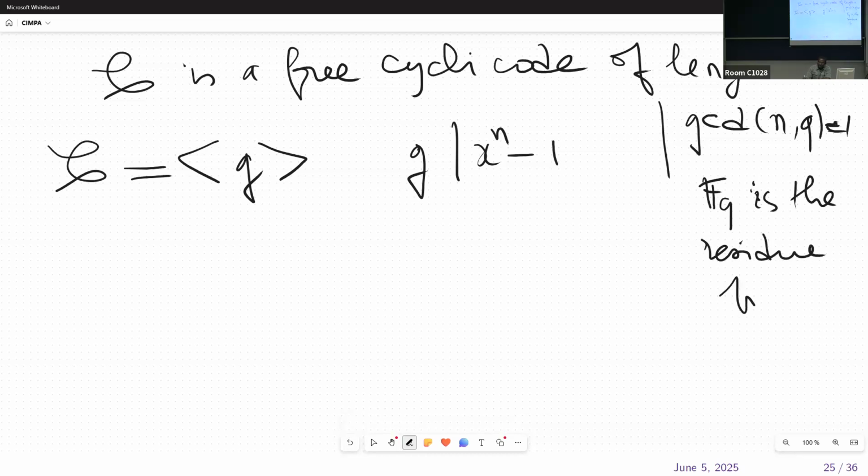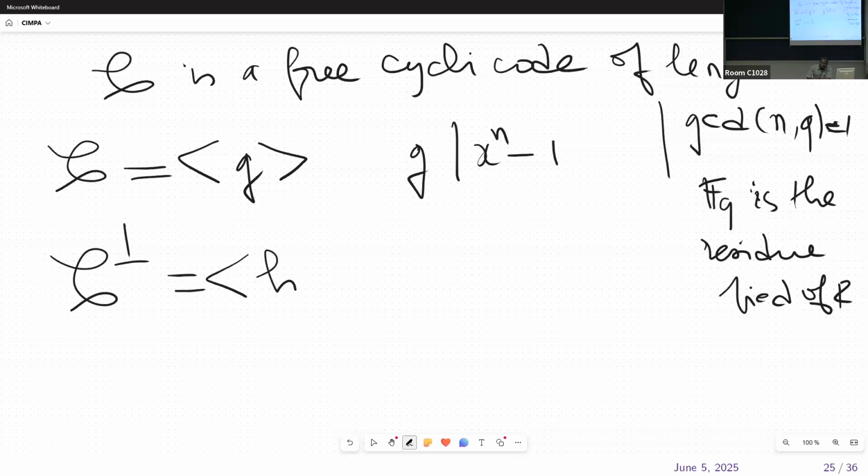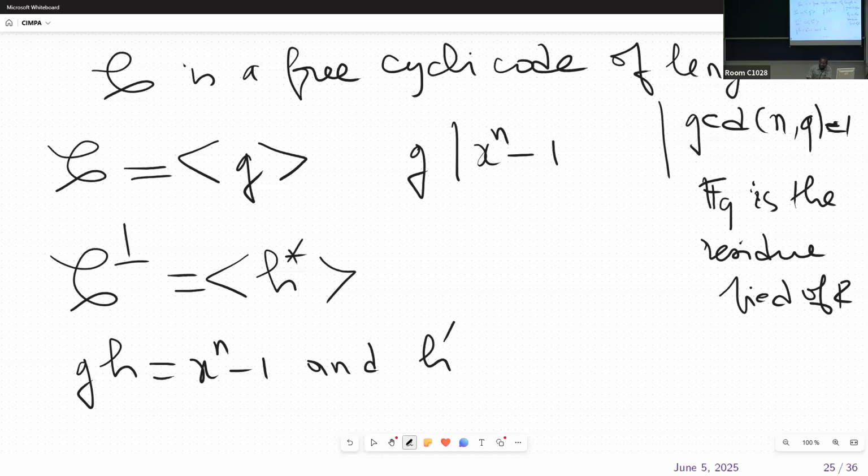The generator of the dual is h star, where h star equals x^degree of h times h of 1/x.